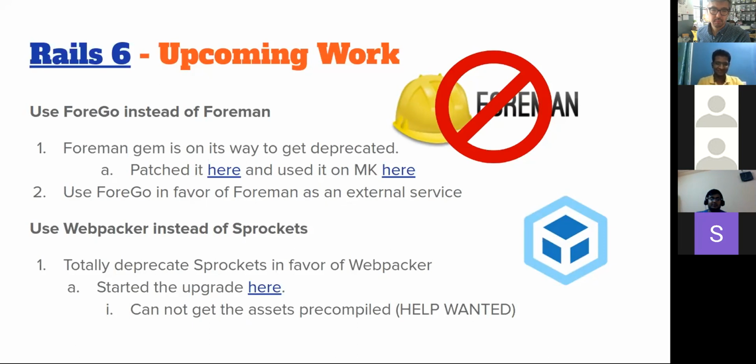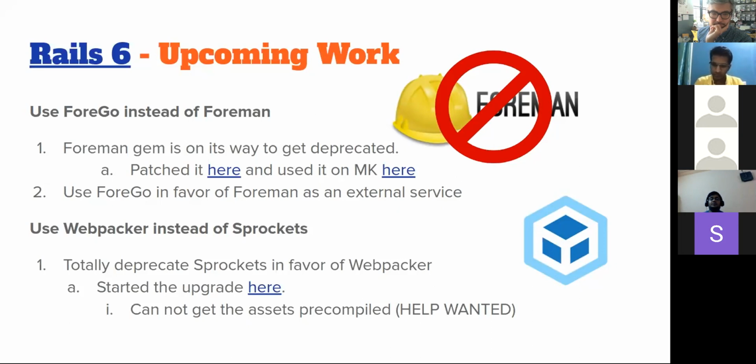And one thing, and it's a cool thing that was upcoming work, but it's not anymore. It's to start using Forego instead of Foreman. Foreman was a gem that used to schedule processes, and I had to start using Foreman since I had to hop on with Vidit to help him with the Action Cable integration, because we use Passenger as a server and Action Cable needs Puma as a server, so there's no way of scheduling processes without using Foreman.